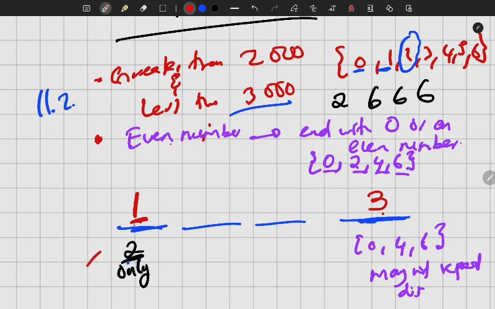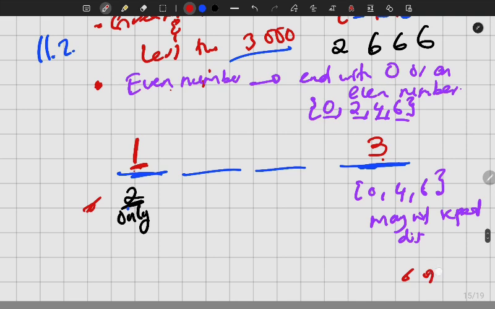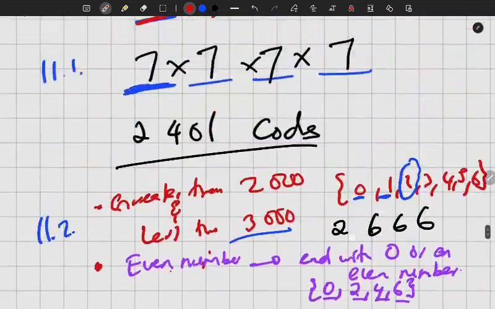Out of our 7 options, we are now left with 6. Out of those 6, we would have used 1 here, either 0, 4, or 6. Doesn't matter which one, but we would have used one of those. So we subtract 1 and are only left with 5 options here and 4 options here, and that would be our answer.